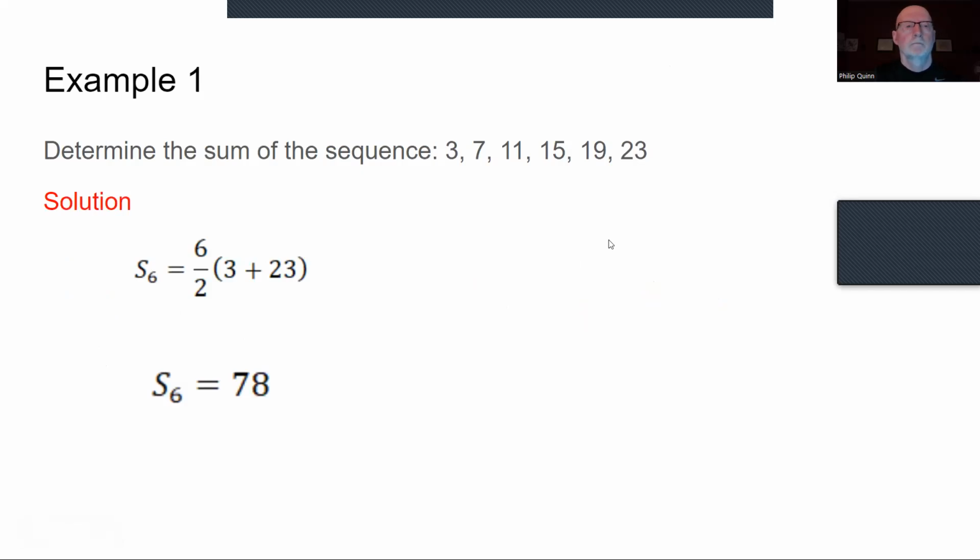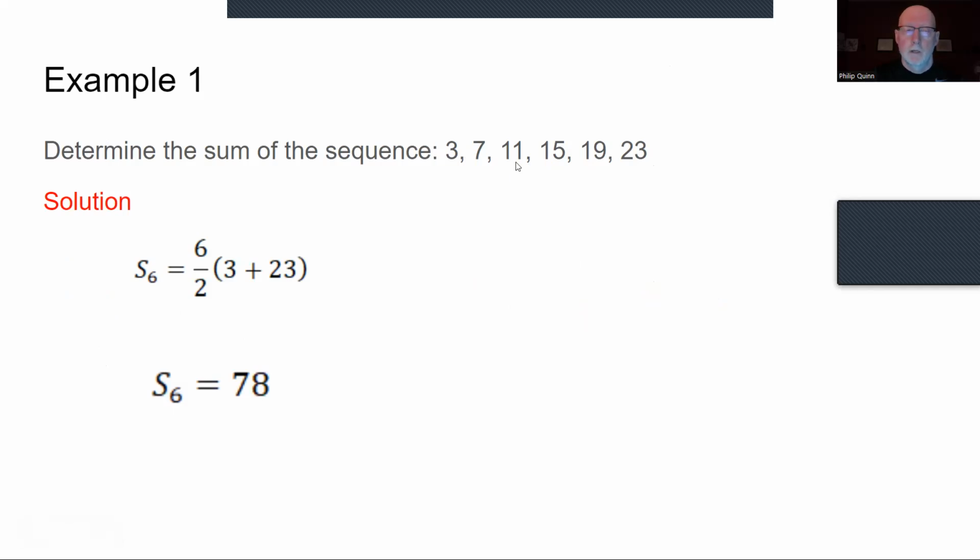So let's take an example. 3, 7, 11, 15, 19, 23. We have an arithmetic sequence, and we're asked for the sum, so it indicates a series. We want to take these 6 terms and add them together.